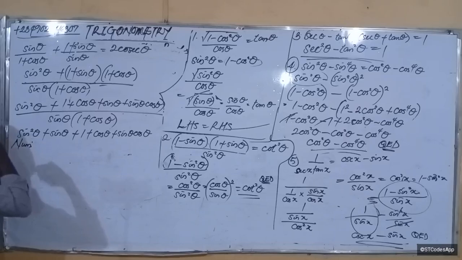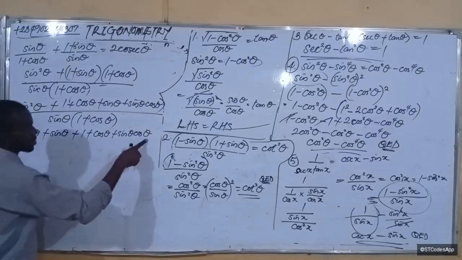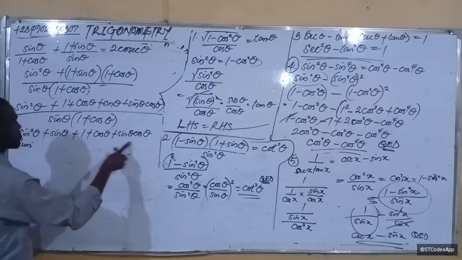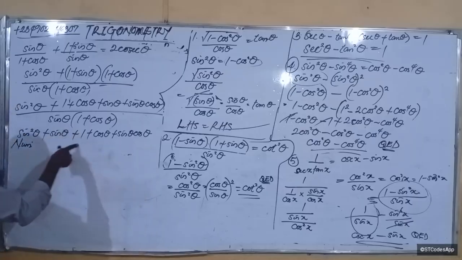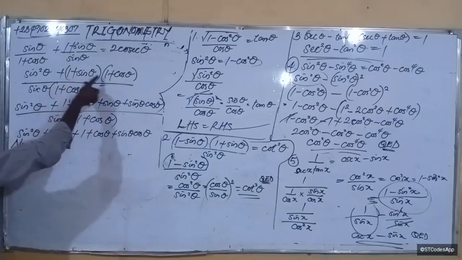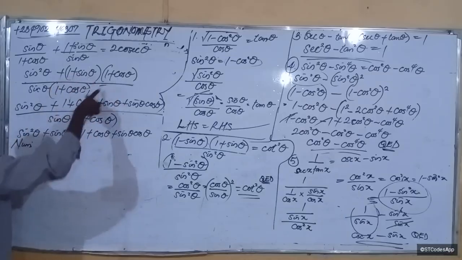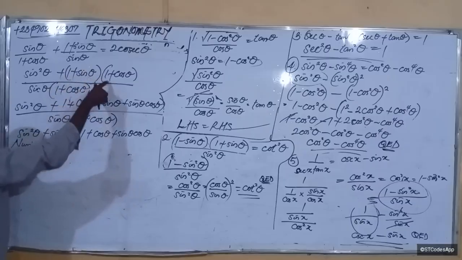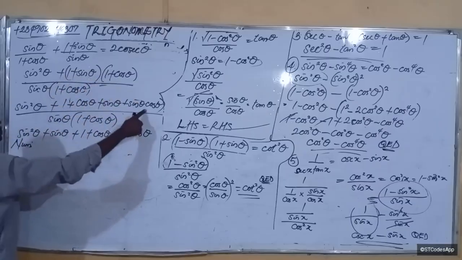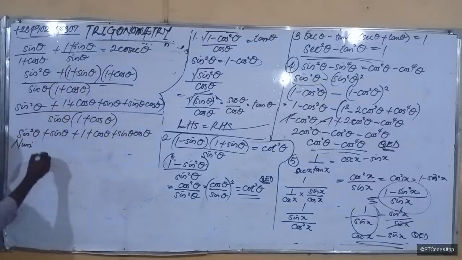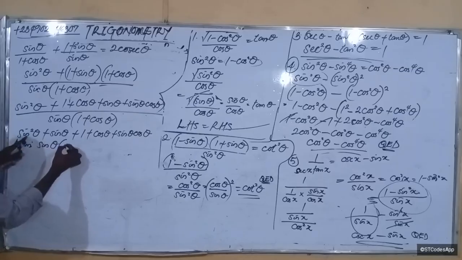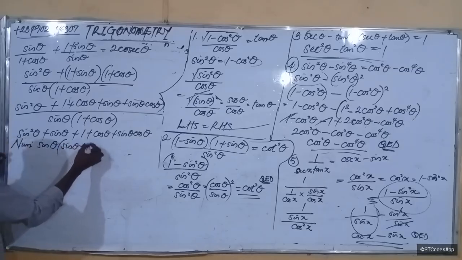Sine theta plus cos theta, sine theta cos theta. 1 times 1 squared, 1 times this cos theta, sine times this sine theta. No mistake there. So here we factor out sine theta into bracket sine theta plus 1.